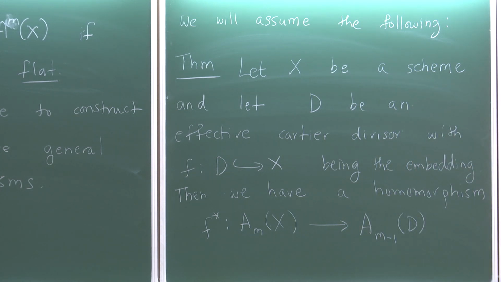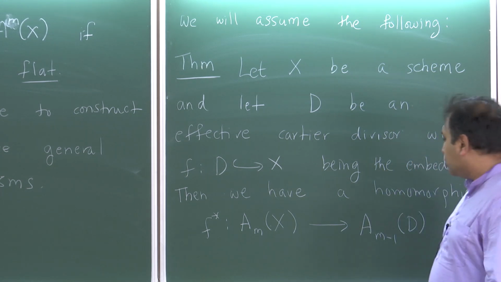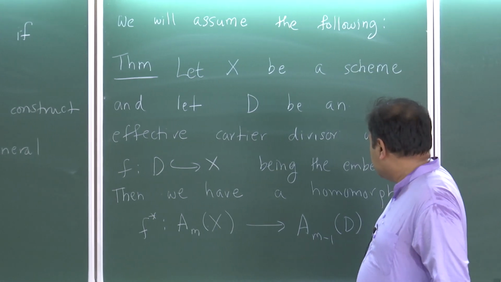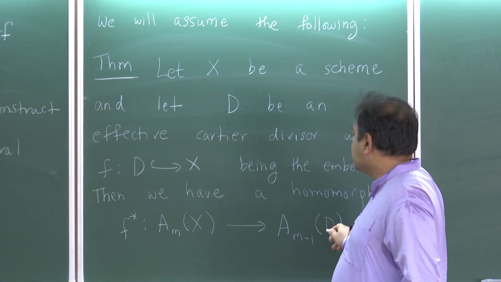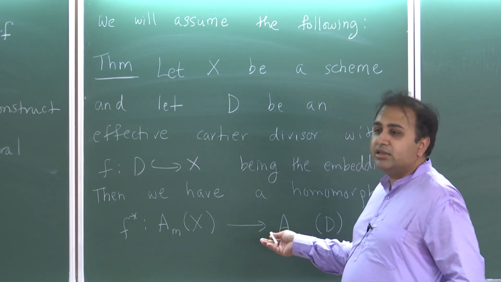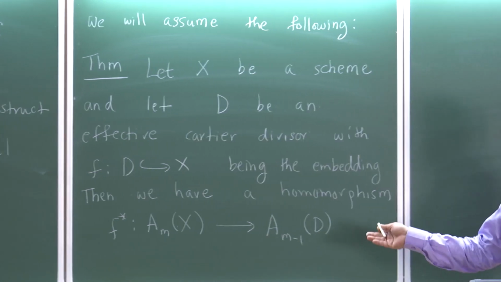The difference from what Amit may have talked about so far is that I think he talked about pulling back the divisor. I'm talking about pulling back to the divisor.